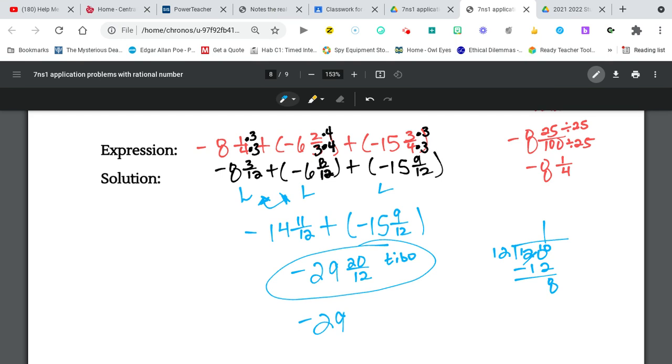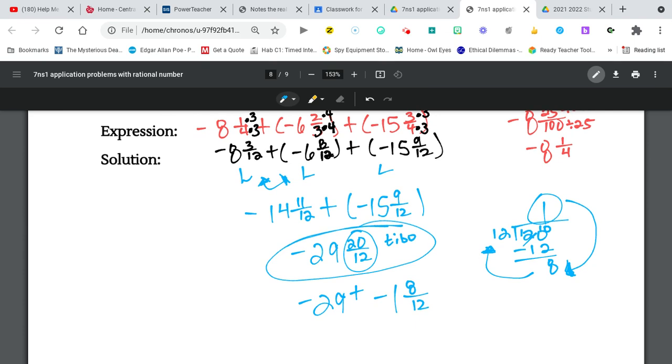So basically, I have negative 29 plus this part ends up being negative 1, and it goes like the hands of a clock, ticking clockwise, and 8/12. Because this whole thing was negative, this piece that I broke up is also negative.